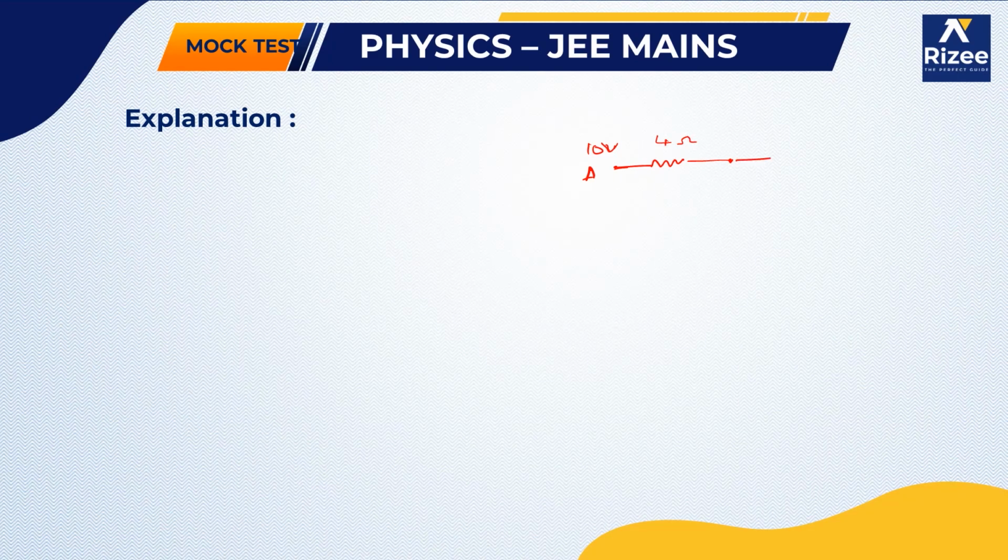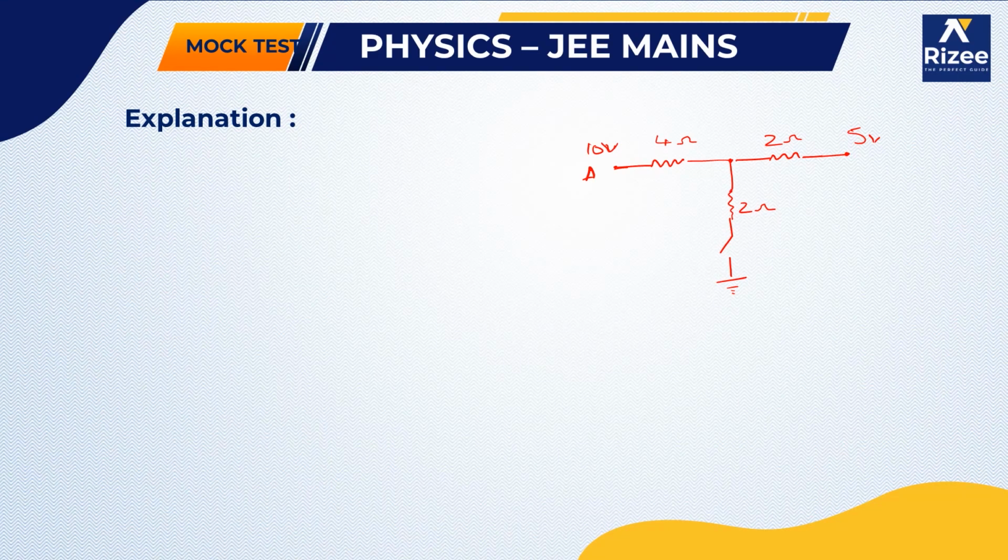From here another 2 ohms is connected in this way, and this is connected across a potential, this is 5 ohms. And from here he has given another 2 ohms resistance to the bottom, and here he has taken a switch, and this is connected to the earth. This is 2 ohms.